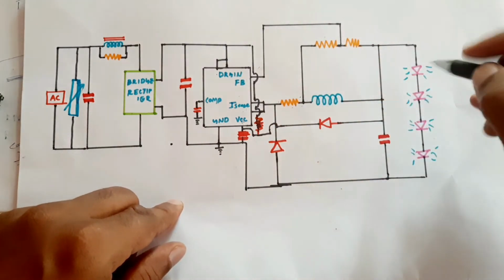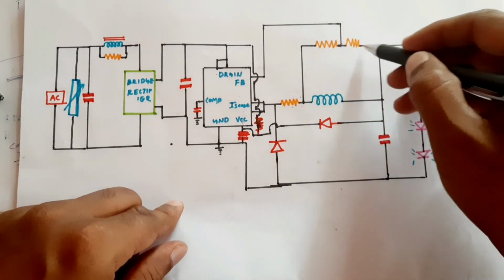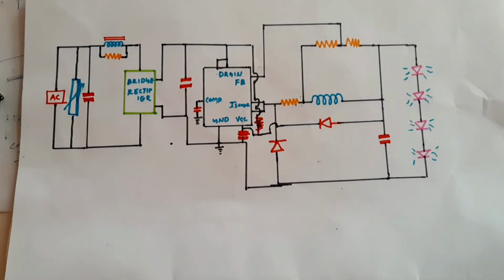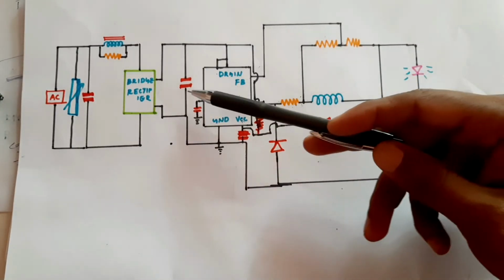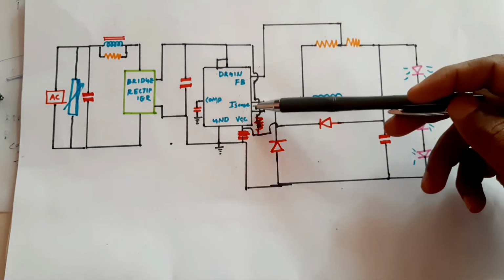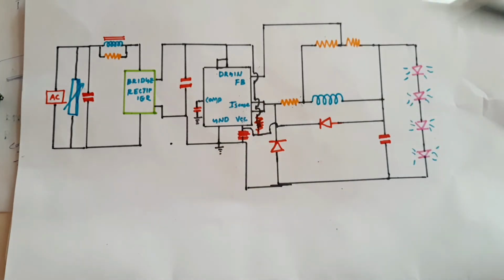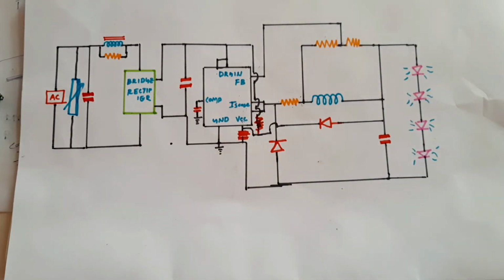Like that, it is giving a constant current. This circuit is used to give feedback of voltage. This is how an LED bulb is working. This is actually a buck converter, but it is working on the basis of sensing the current. This is how an LED bulb is working.